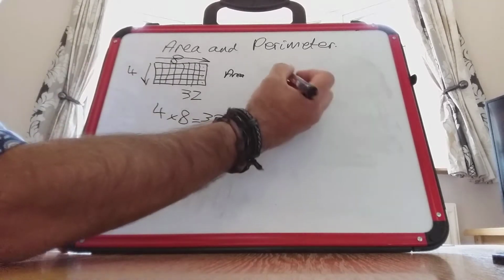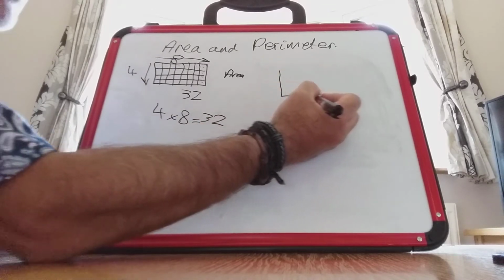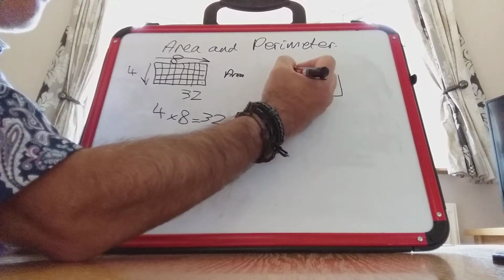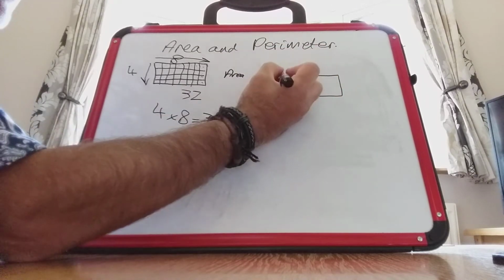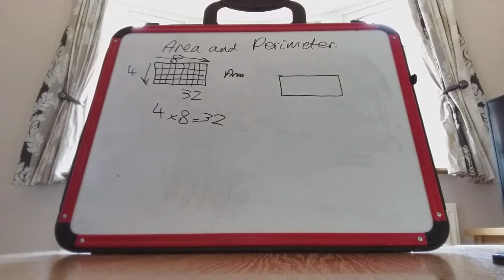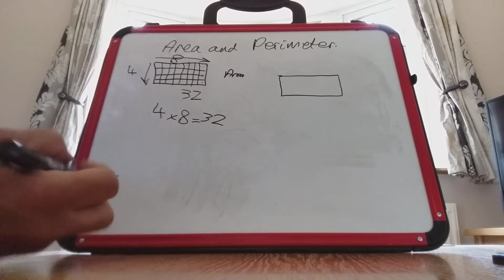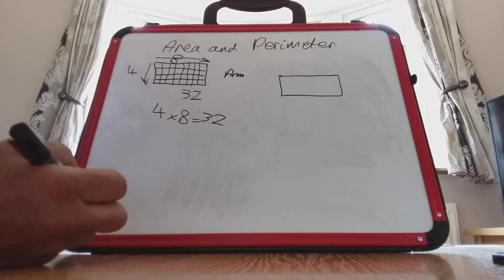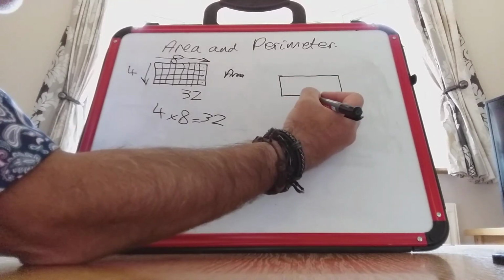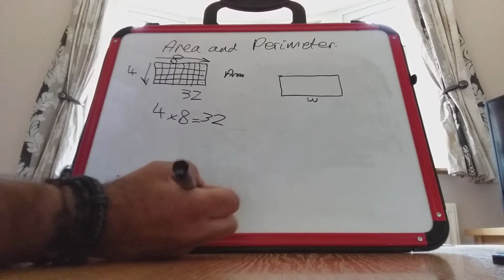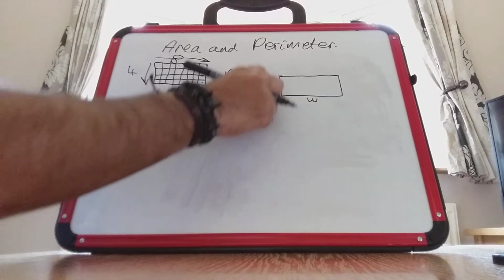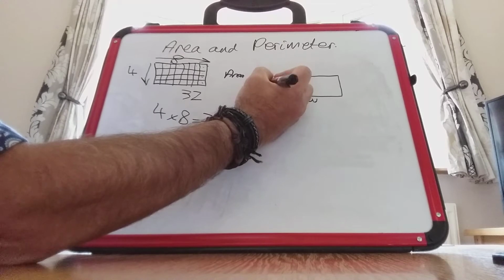Now I'll draw another diagram here so that we don't get too confused. With area, we start to think, well, let's try and make it a little bit easier to understand. The 8 was the width of the rectangle, so for width we put a W, and 4 is the height.